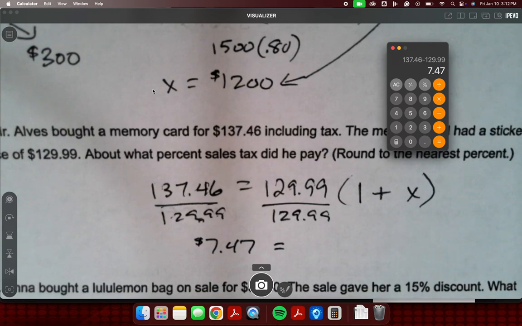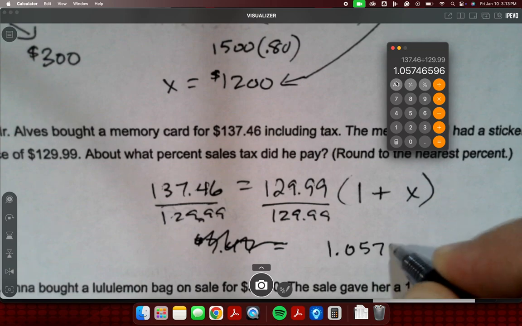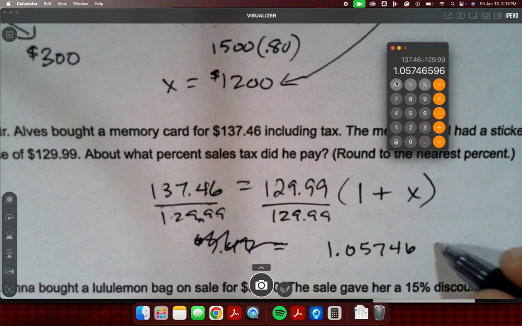No, I'm sorry. I typed in the wrong thing. Let's back up. I said the right thing, I think, but I typed the wrong thing. We're not subtracting, we're dividing. Okay? 137.46 divided by 129.99. There we go. So it's 1.05746 equals 1 plus x.